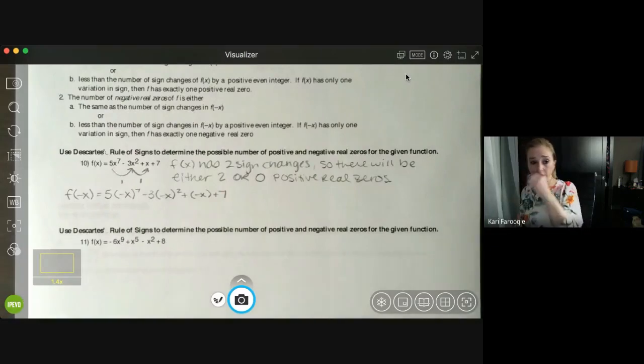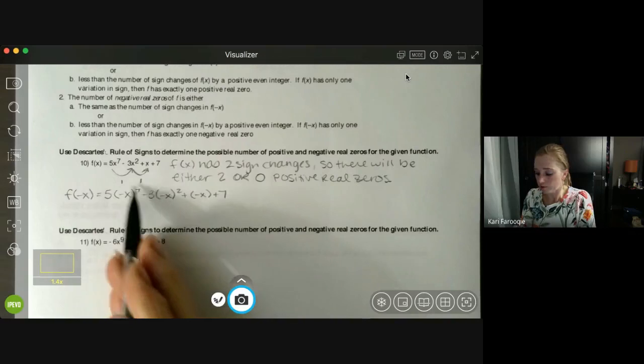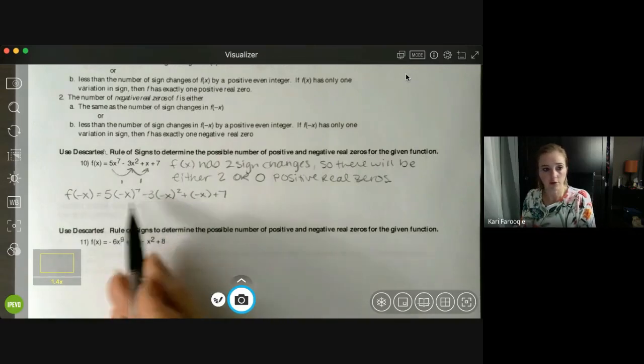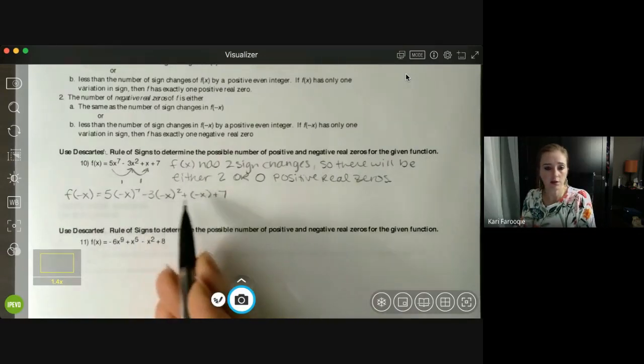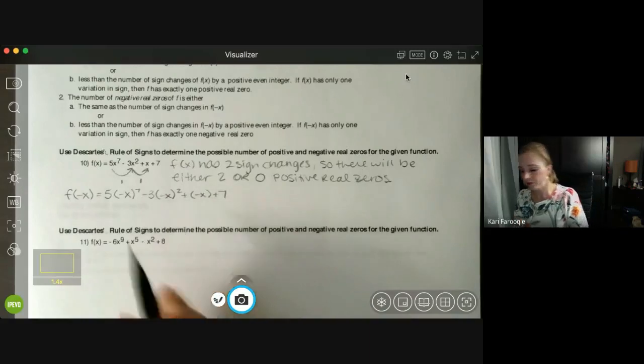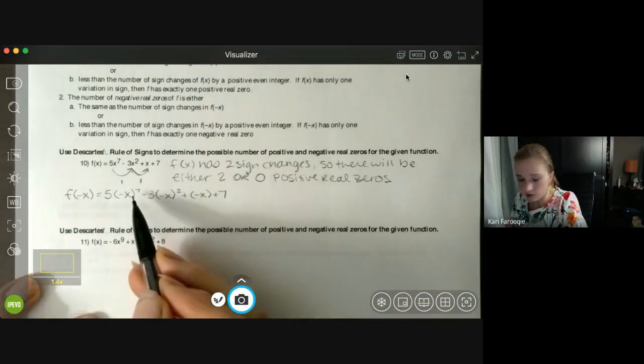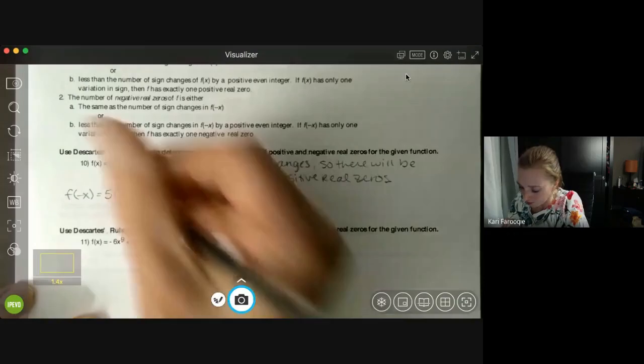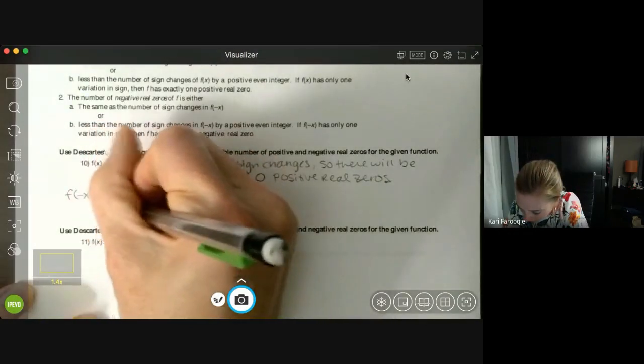We're going to simplify that, and then we're going to look at the number of sign changes. Now remember, if your exponent is odd, then your factor here will be negative. If your exponent is even, then it's going to go back to positive. So negative x to the 7th is negative x to the 7th. Multiply that by 5 and you get negative 5x to the 7th.